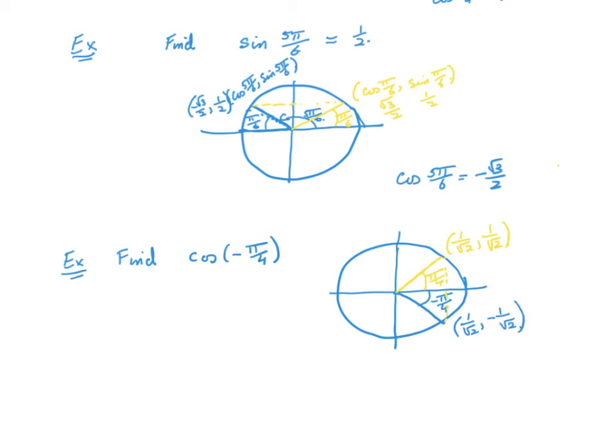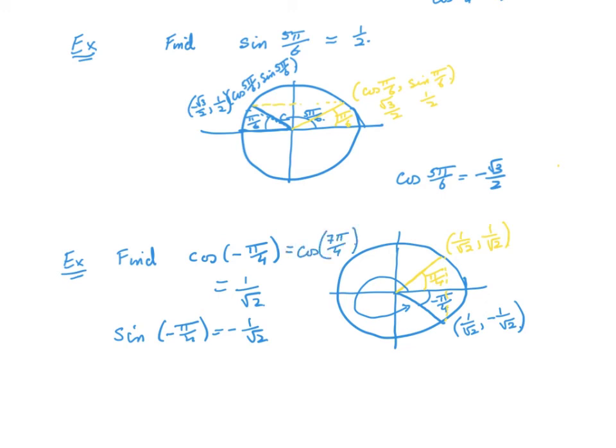So we have cosine of minus pi over 4 is 1 over the square root of 2, and sine of minus pi over 4 equals minus 1 over the square root of 2. Notice also that this ray defining cosine minus pi over 4 is the same ray that defines cosine 7 pi over 4.